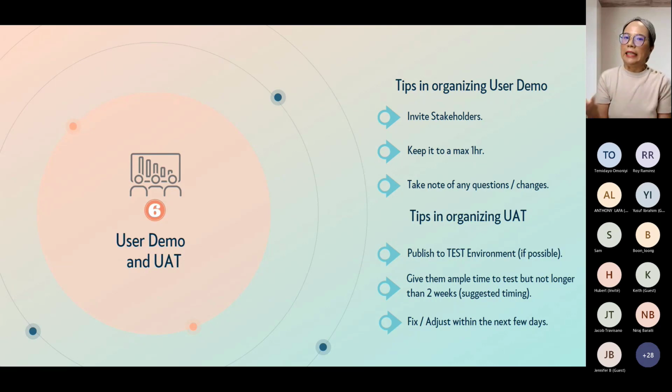Keep it to 1 hour. For some of my finance reports, the stakeholder is the CFO, so I would suggest a maximum of 1 hour, unless there are more questions during the meeting, then you would have to extend.